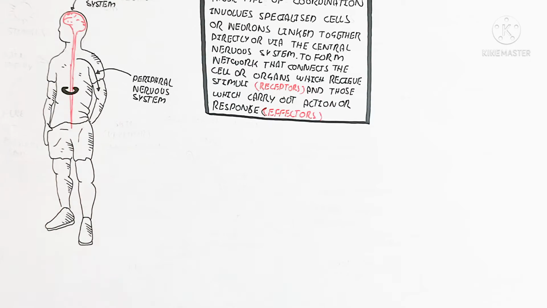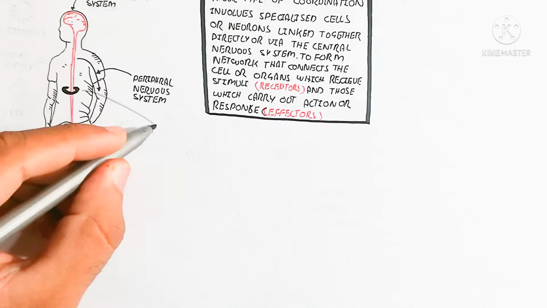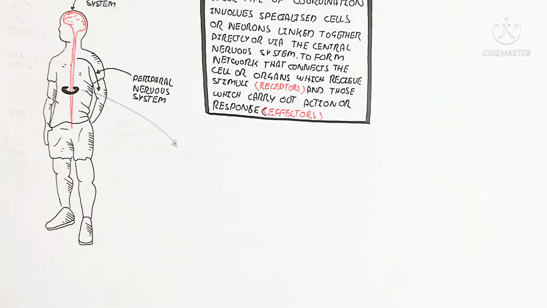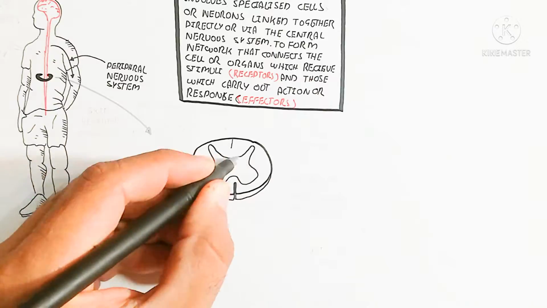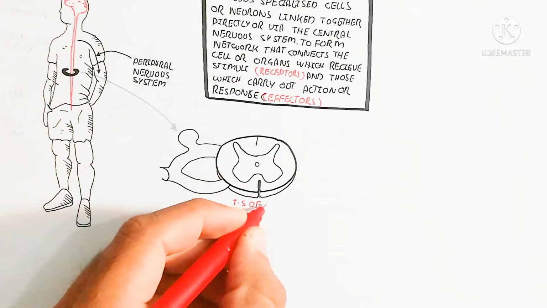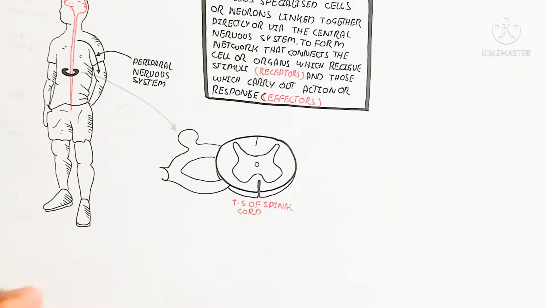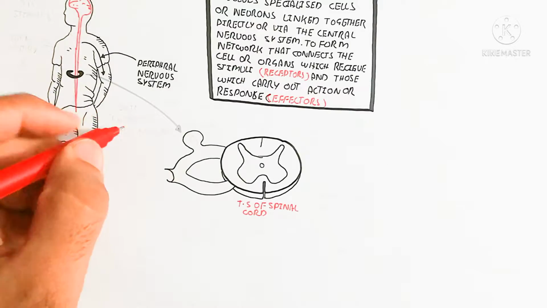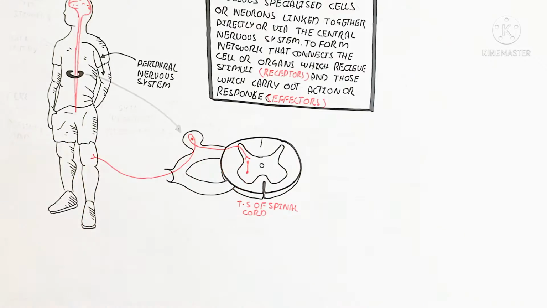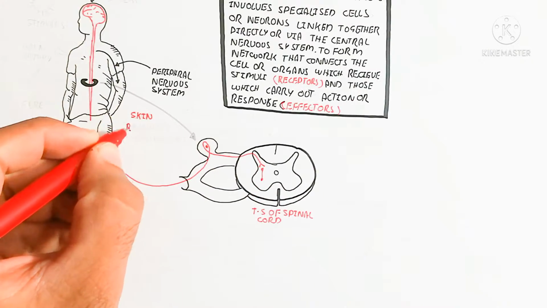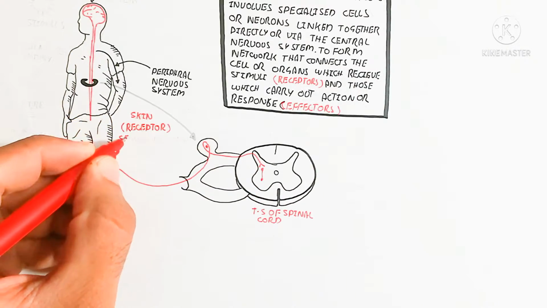central nervous system. So let's begin to understand the transverse section of the spinal cord. The transverse section of the spinal cord looks like this. The inner butterfly-like structure is known as the gray matter, while the rest of the spinal cord is white matter. The sensory neuron comes from the skin for sensation.